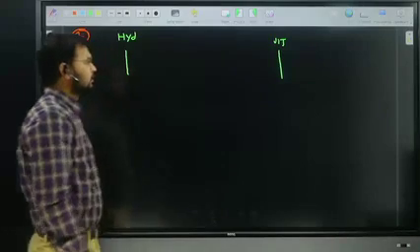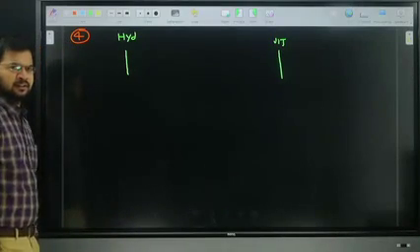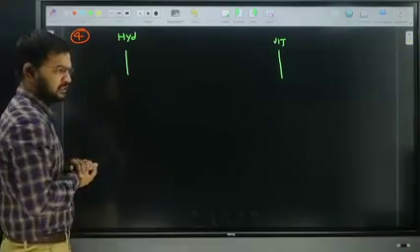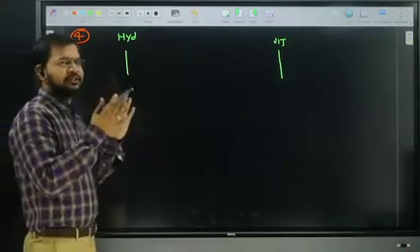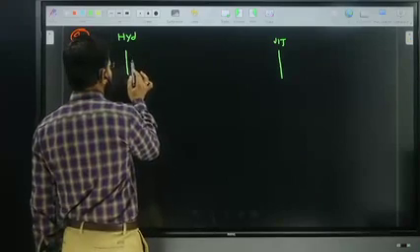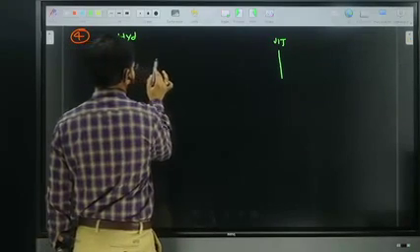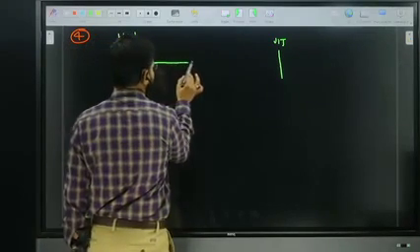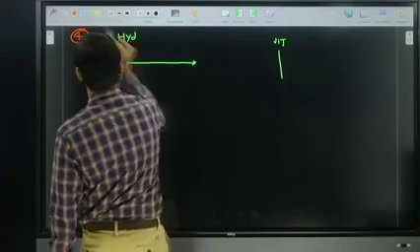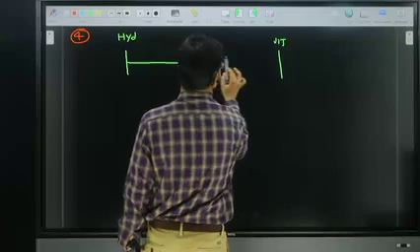If two trains start at different places and travel towards each other, that is, the Hyderabad Express traveling like this, and the Vijayawada Express traveling like this.